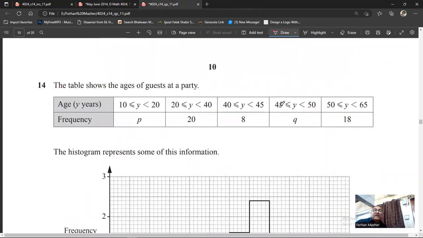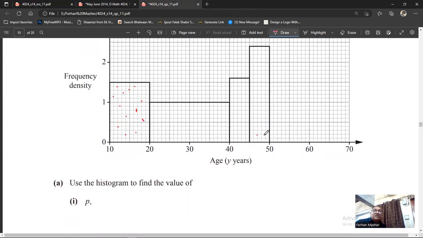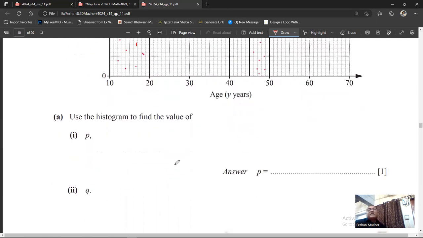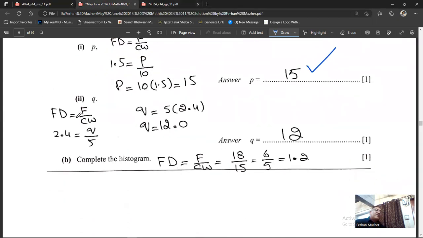Then the question is find the Q. The Q is 45 to 50. The frequency of this class is Q. They are talking about this, so just find the area of this rectangle, and that will be equal to the frequency, that will be equal to Q. Length into width. You know the frequency density is equal to frequency divided by class width.